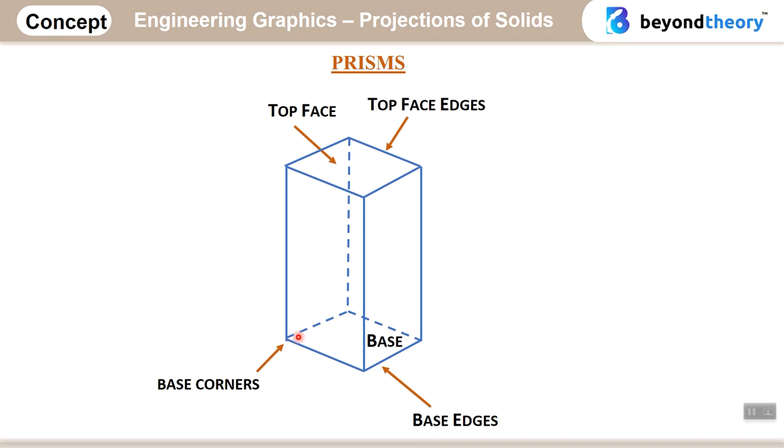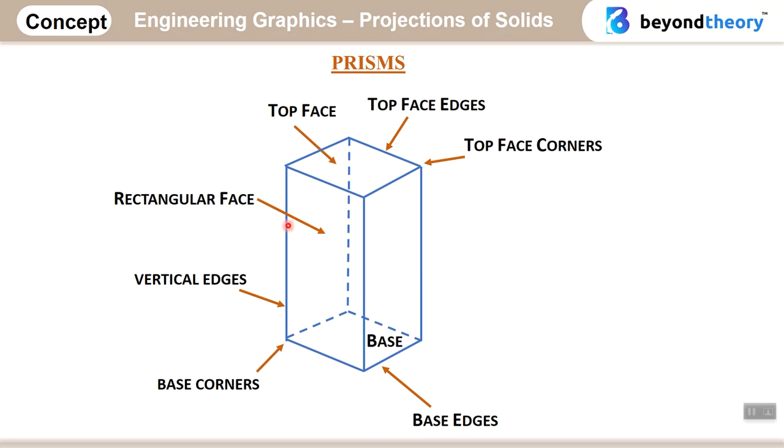The base edges are all joined together to form the base corners of the prism, and similarly here we get the top face corners of the prism. Here you can see that the base and top face are joined using vertical lines. So these edges are called vertical edges, and the faces formed by these edges are rectangular in shape, so they are called rectangular faces.